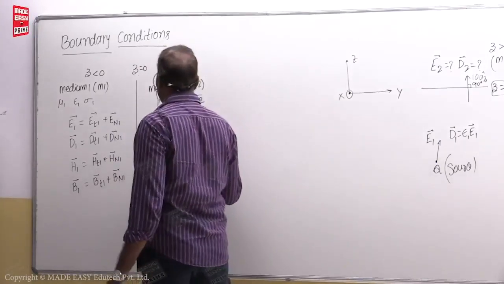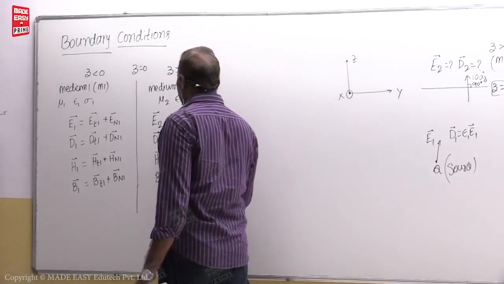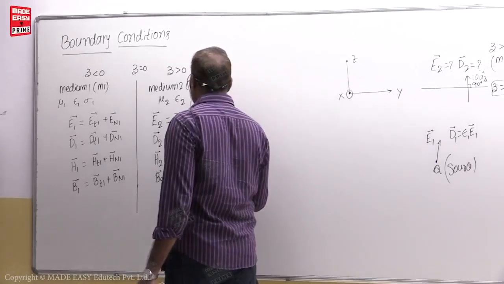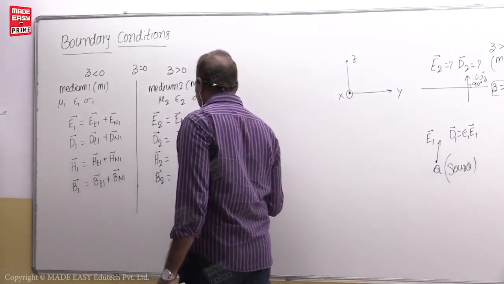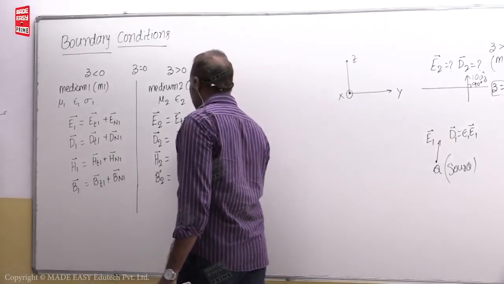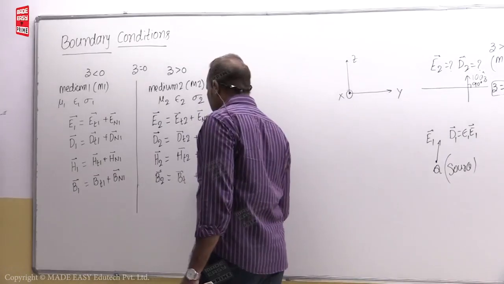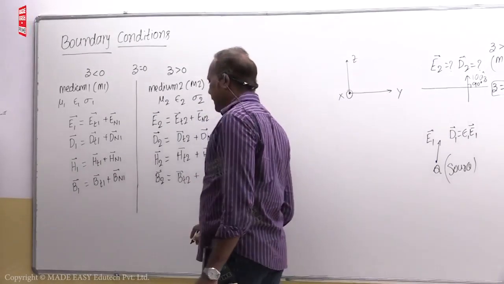Similarly, this is Et2 bar plus En2 bar. This is Dt2 plus Dn2 bar. This is Ht2 plus Hn2 bar. This is the tangential component plus the normal component, but for medium 2 you have to put suffix 2 here.